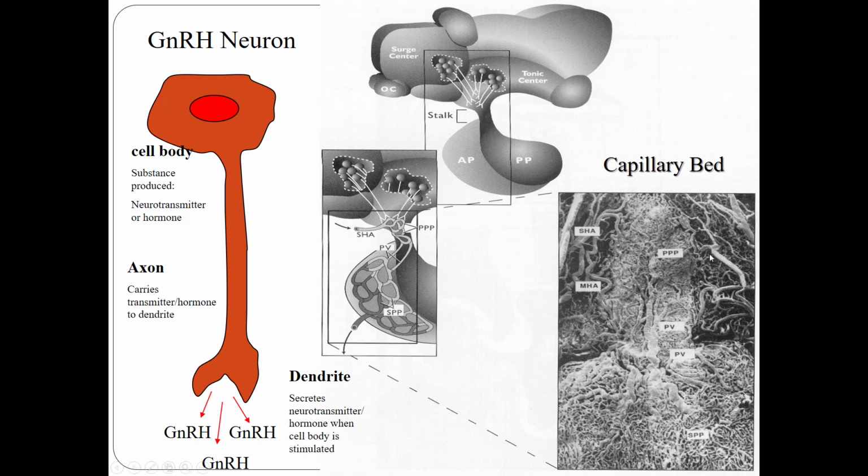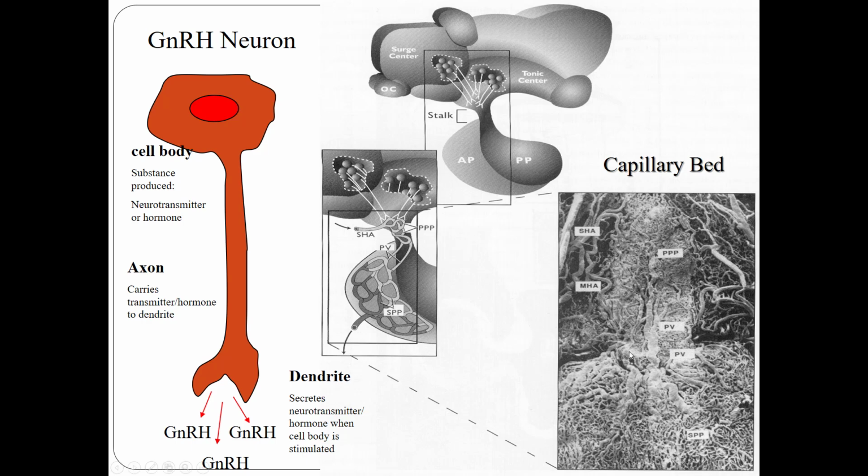And over here, in this figure, we actually have a micrograph of hypothalamus tissue. You can see that we've got a lot of different things going on. We've got different parts of the hypothalamus shown here, and this is under a really intense microscope. The paraventricular nucleus is where we see a lot of GnRH dendrites ending.